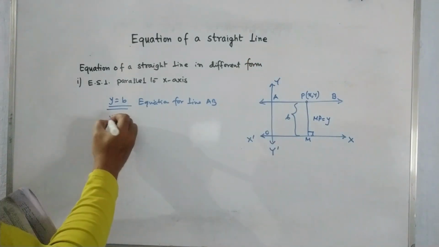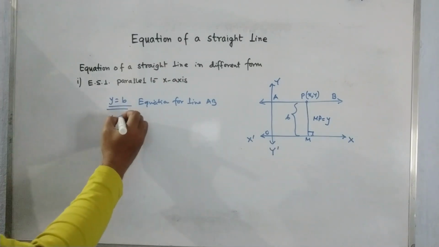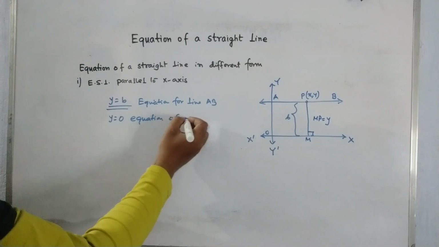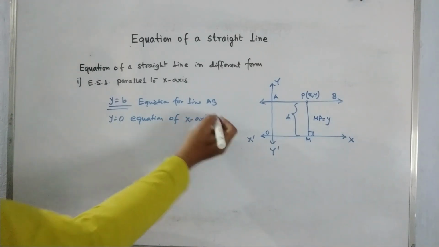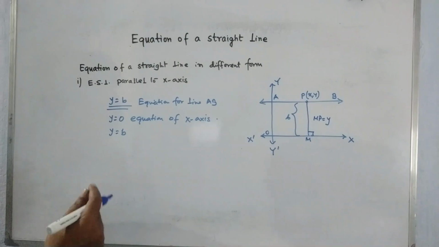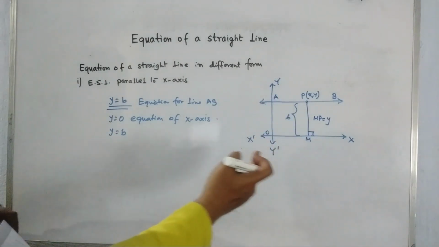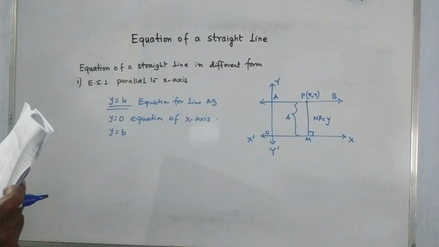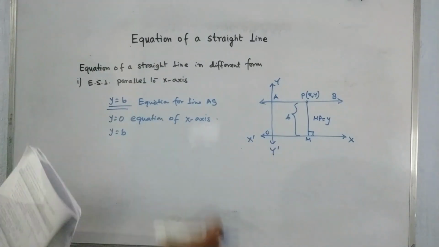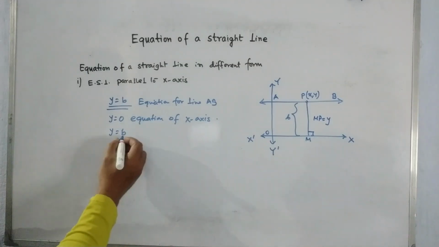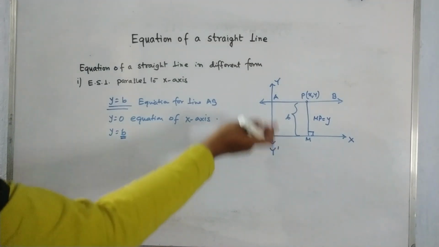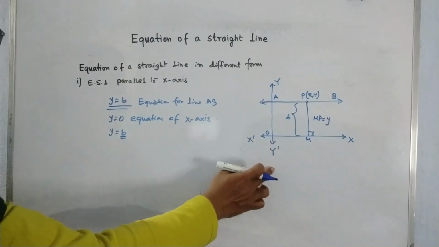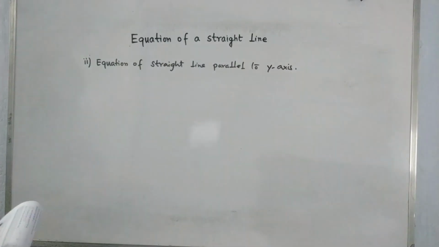Therefore, y equals 0 is the equation of the x-axis. Whether the line y equals b lies above or below the origin is determined by the sign of b. If it is above the origin, b is positive, and if it is below the origin, b is negative.